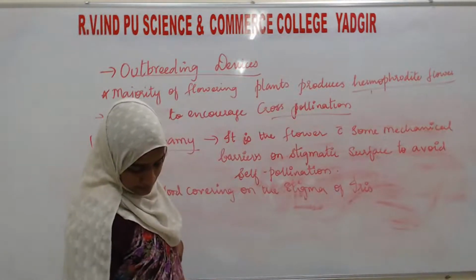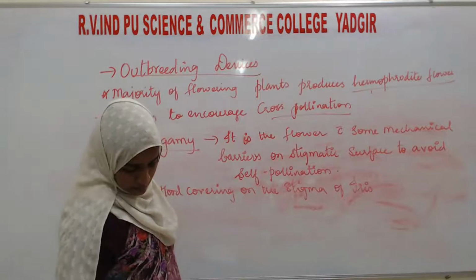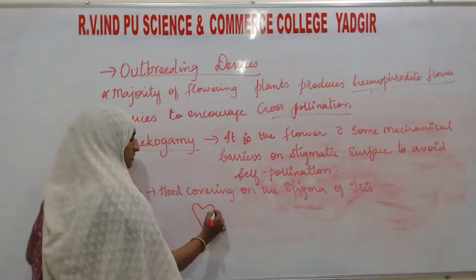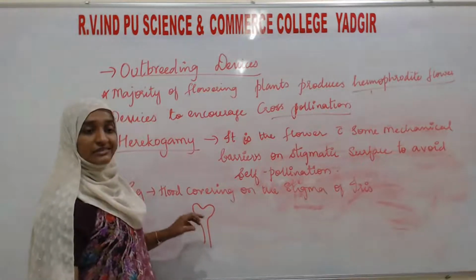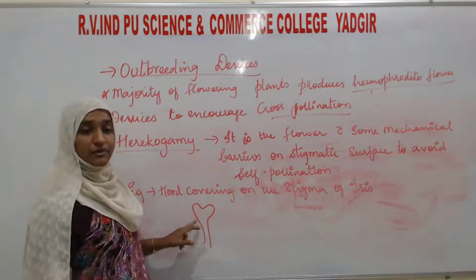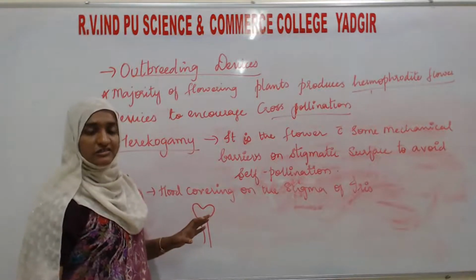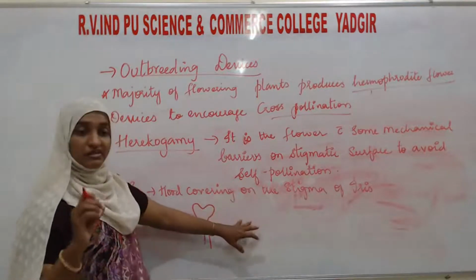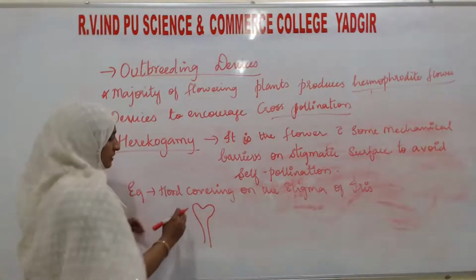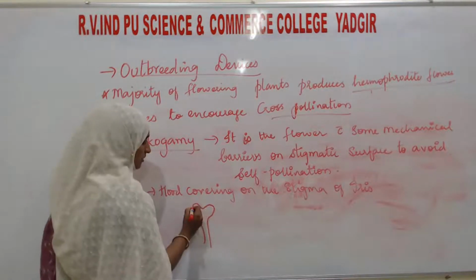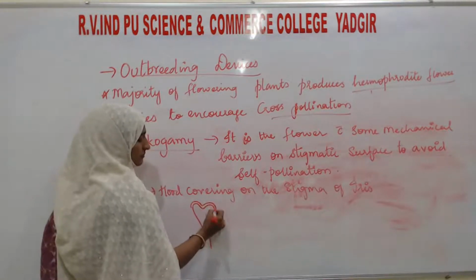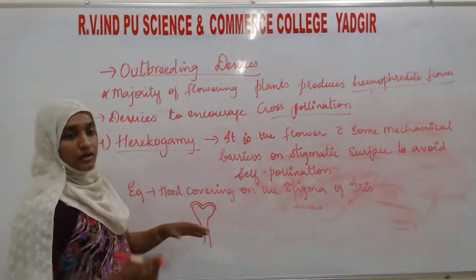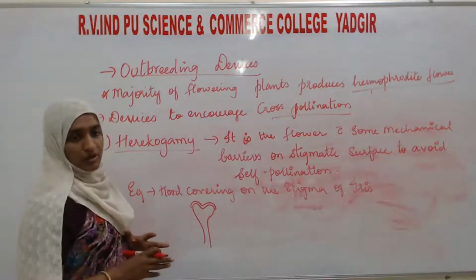Iris plant. Okay, see here what happens. This is the stigma. On the surface of the stigma there will be the presence of certain chemical substances due to which they are going to accept the pollen grain. In some flowering plants, some covering takes place on the surface of the stigma, so that it will reject the pollen grain.